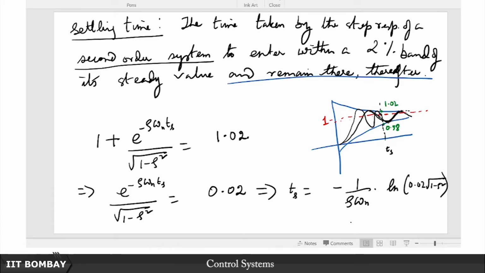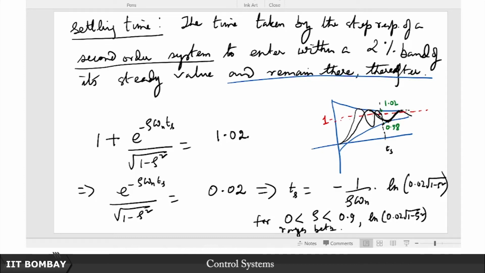So up until this point it is an exact expression for the overestimated settling time, but at this point we will notice that for zeta within the range from, let us say, 0 to 0.9, the value of this logarithm, ln of 0.02 times square root of 1 minus zeta squared, ranges between a value of 3.91 to 4.7.